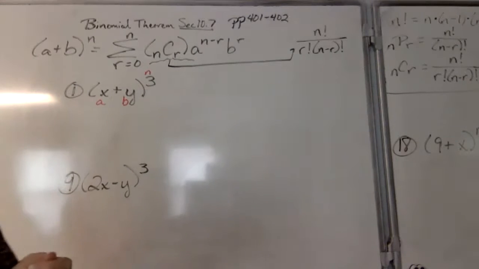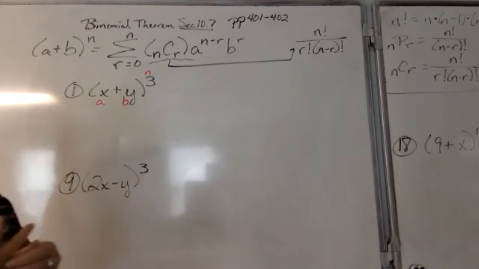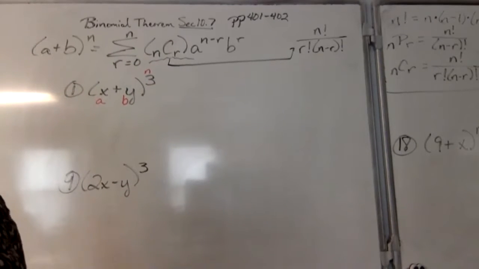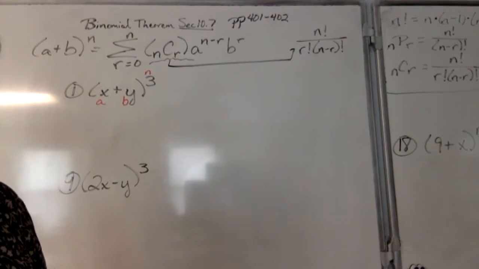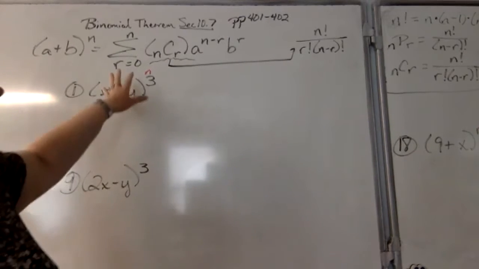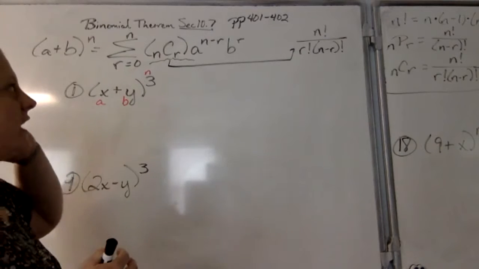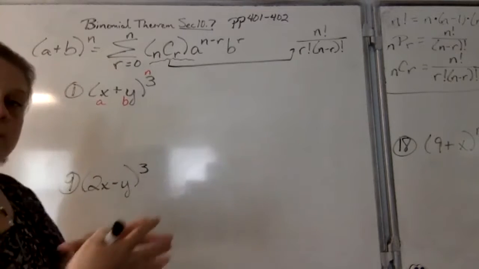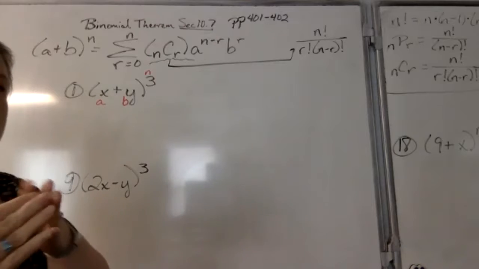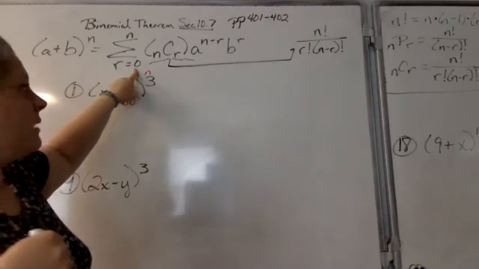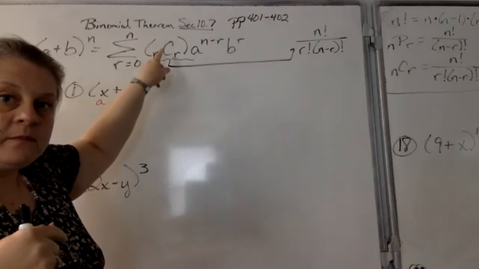Okay? Now, when we go to start doing the expansion, remember this symbol right here is called sigma. It's sigma notation. We used it when we did our arithmetic series and geometric series. It means the sum of the terms added together. So we're going to do the sum of all these terms added together. Remember, the number at the bottom tells you where you're starting, and the number at the top tells where you're ending.